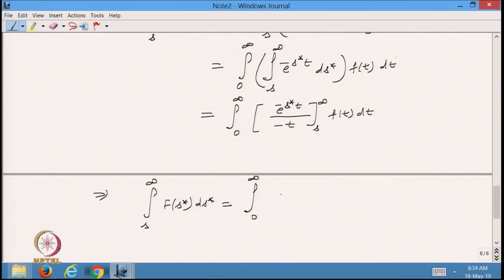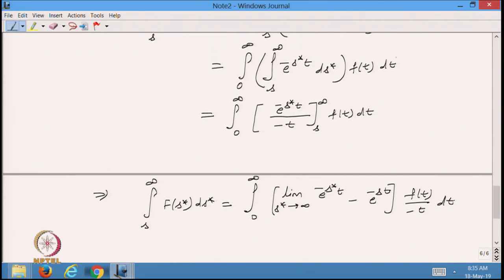I can take the minus sign outside. So from here I can take the limit as s* tends to infinity of e raised to the power minus s* t, minus e raised to the power minus s t, and this times f(t) divided by t, dt.